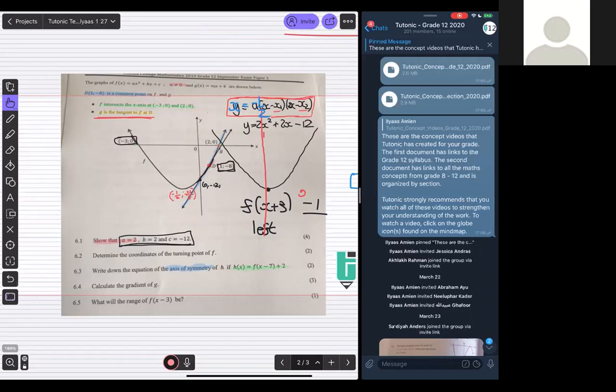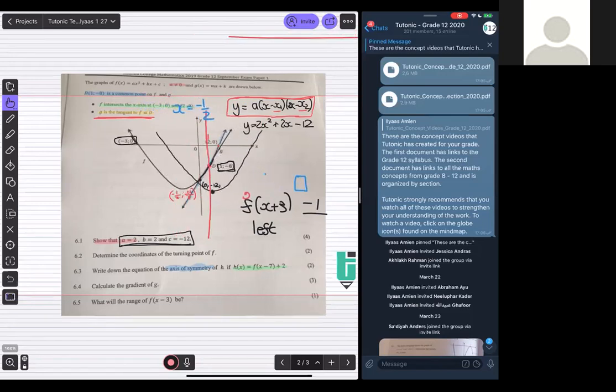Kaylee, any ideas? Would you sub in -half where x is? But why do you want to sub in? Find the equation of this graph. It's shifted, but you don't really need to, because aren't you just shifting it to the right and up one?